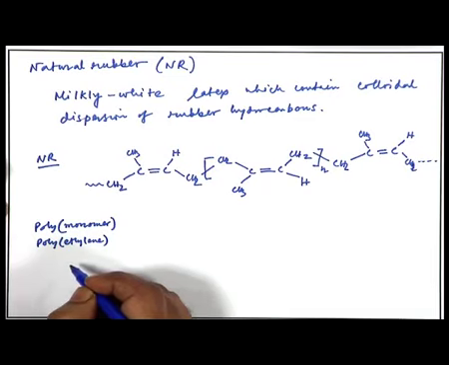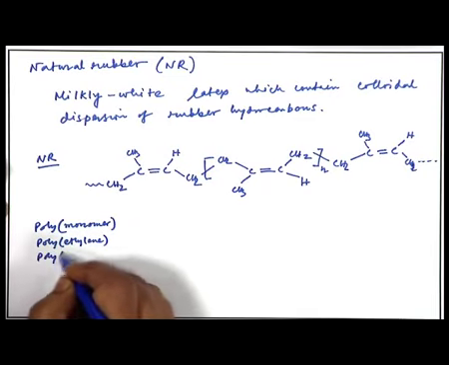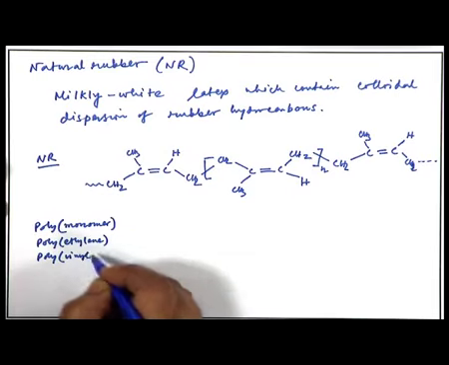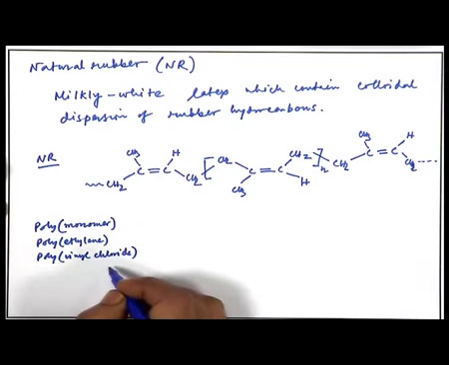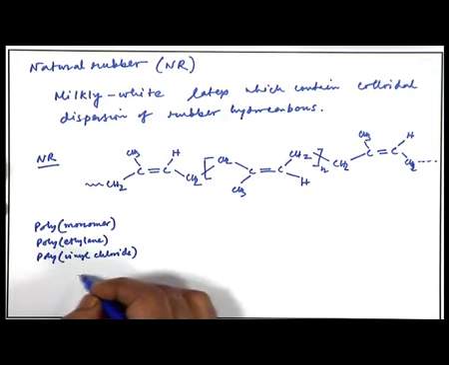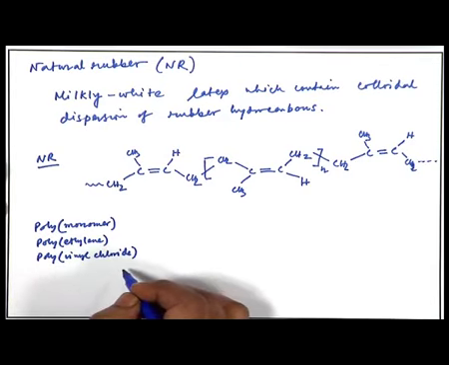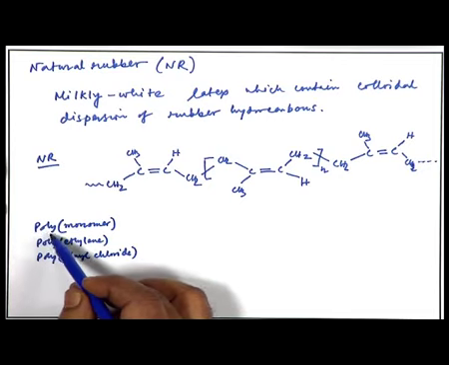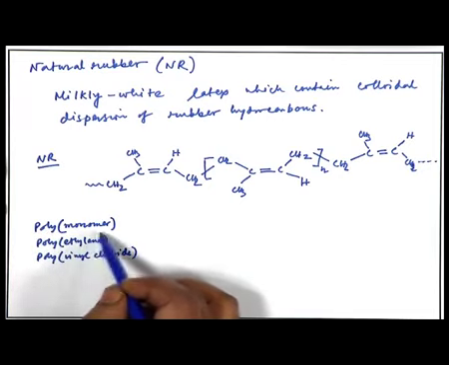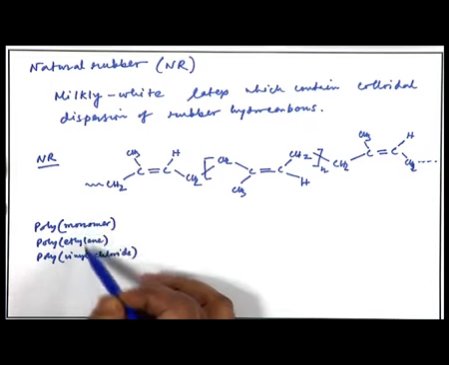Vinyl chloride is the monomer, so we write polyvinyl chloride. Styrene is the monomer, so we write polystyrene. If you have ethylene glycol and terephthalic acid and you obtain an ester from that, we write polyethylene terephthalate. So, how do you name polymers? You basically add the term poly and then the monomer or the repeat unit from which you got the polymer.